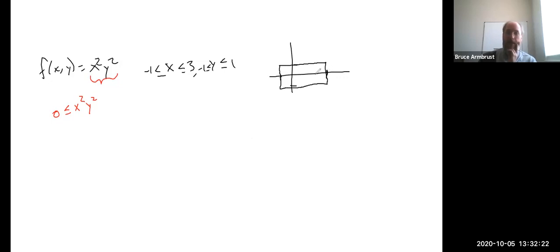So any of the points on the axes are going to be spots where we actually get 0. So even in my region, I know that this is a minimum value. It's going to happen anywhere on there or on there. So you take any of those points and you got it. Cool, this is starting to look like the Norwegian flag.